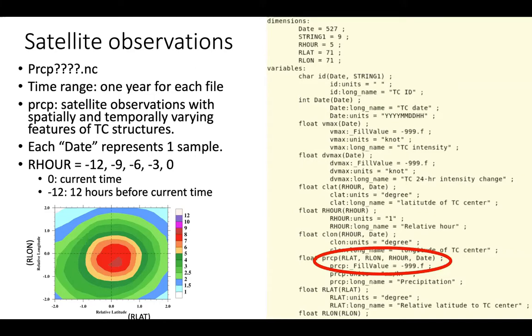This prcp.nc is a two-dimensional data set. It represents the surface rainfall rate around the hurricane.